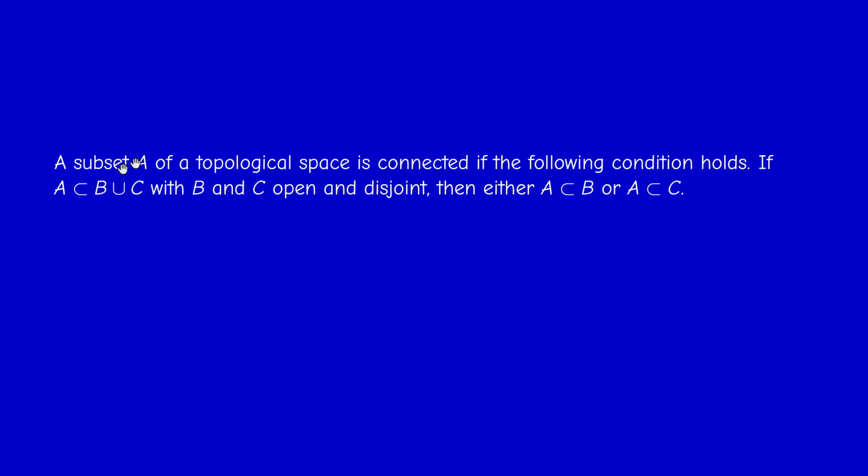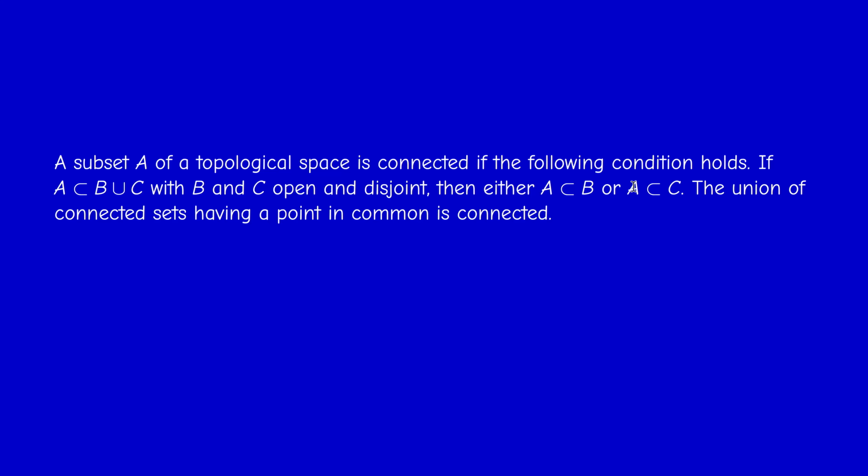An equivalent condition is that a subset A of a topological space X is connected if whenever B and C are open disjoint sets of X and A is contained in the union, then necessarily A is contained in one of them and not the other. You should know also that the union of connected sets having a point in common is connected as well. And you should know that the connected subsets of R are precisely the intervals.